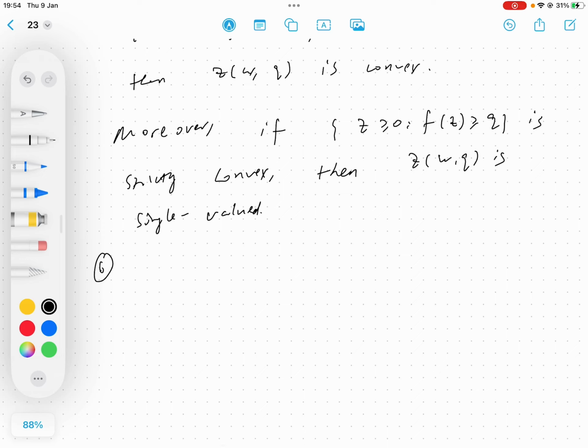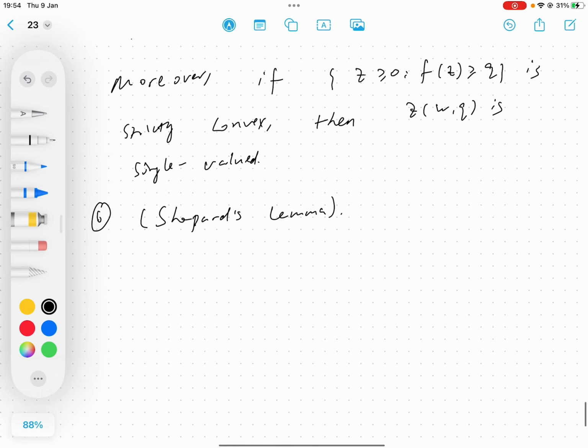Okay, number 6, called Shephard's lemma.